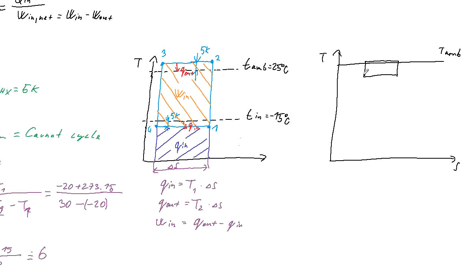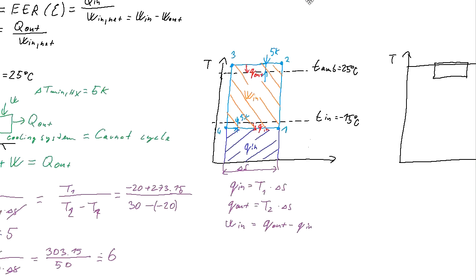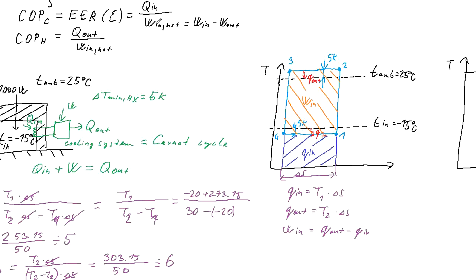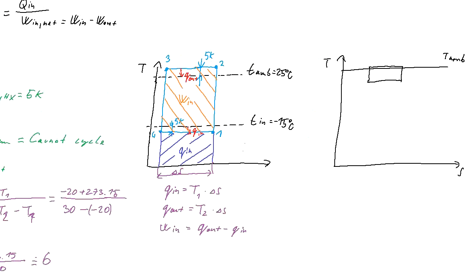The temperature difference would be quite small. That means the work input would be small for the same amount of heat, which means the coefficient of performance would be very high. On the other hand, when we would go for very deep temperatures, so the temperature difference is high, the work input would be high, and the coefficient of performance would be low.